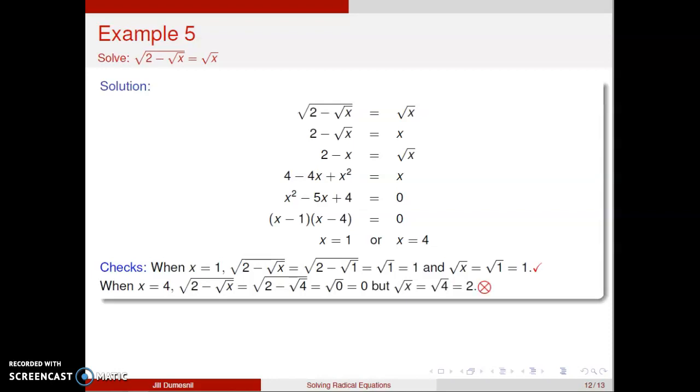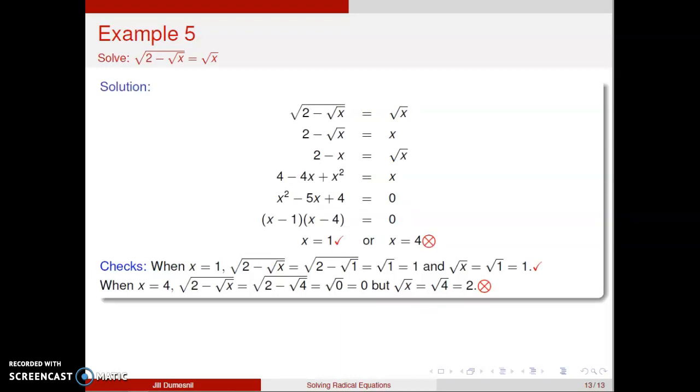Thus, x equals 4 does not check in the original equation. Therefore, the only solution to the original equation is x equals 1. We should note that it is also possible for neither value to check, resulting in the original equation having no solution.